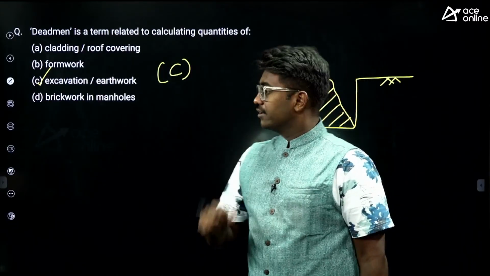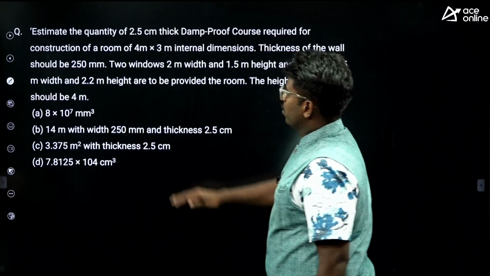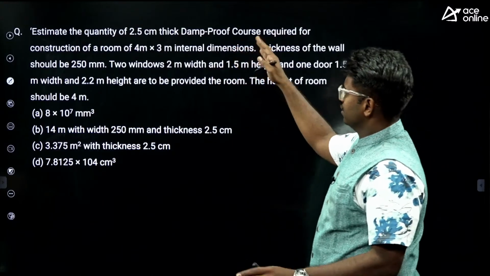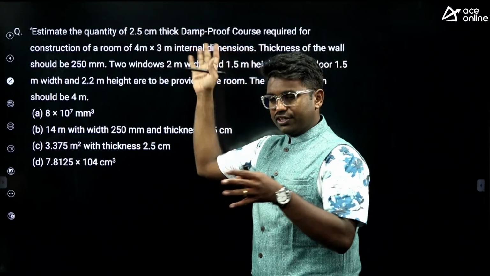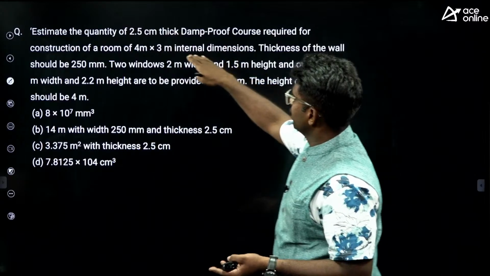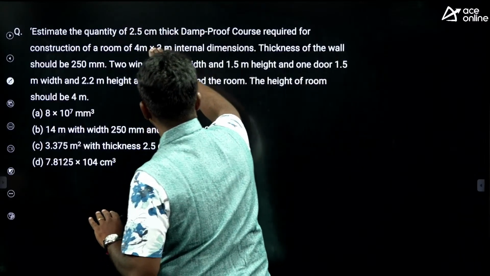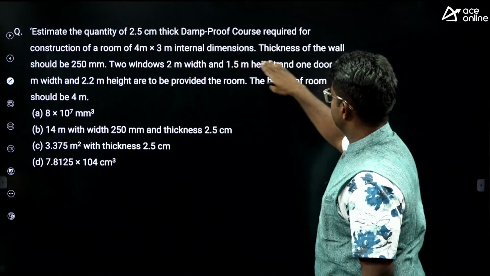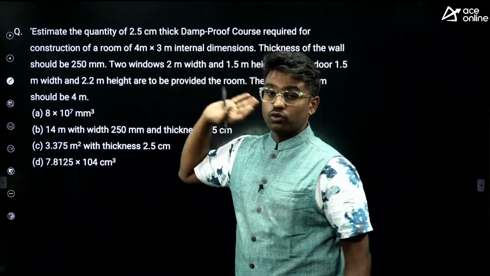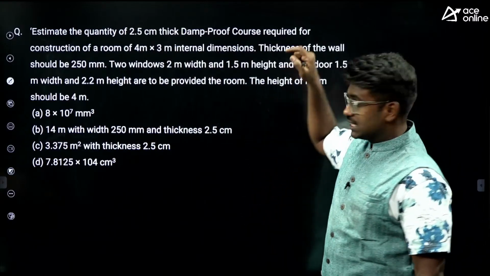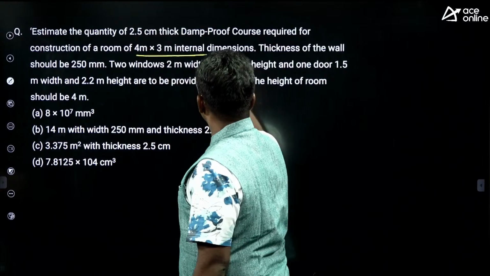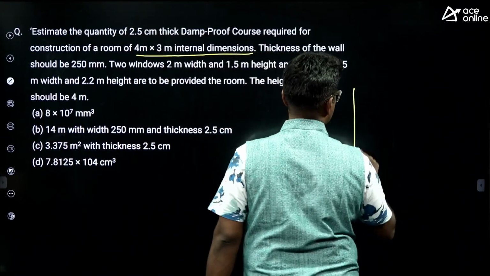Okay? Right. Next one, estimate the quantity of 2.5 centimeters thick DPC. This is an industrial DPC which is laid, completely made of concrete. Required for construction of room 4 by 3 internal dimensions, thickness of the wall should be 250. See, he has given internal dimensions. See, 4 by 3 is the internal dimensions. Nothing but a room.